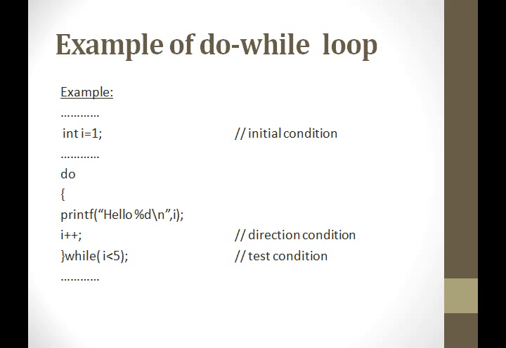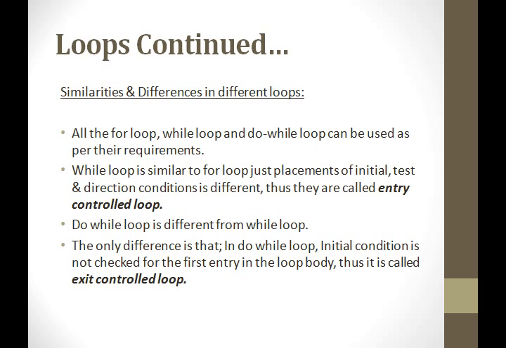So basically in your for loop, while loop and do while loop, there is not much difference. Just let us focus on the similarities and differences in the different loops. All the loops, for loop, while loop and do while loop, can be used as per requirement, and while loop is very similar to for loop, just the placement of the initial condition, the test condition and the direction condition is different.